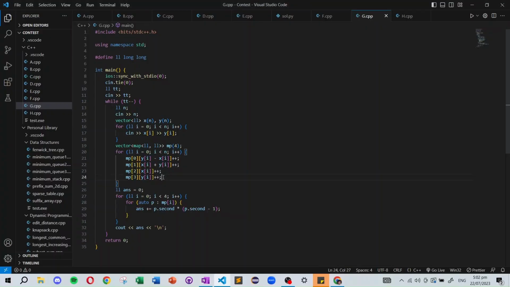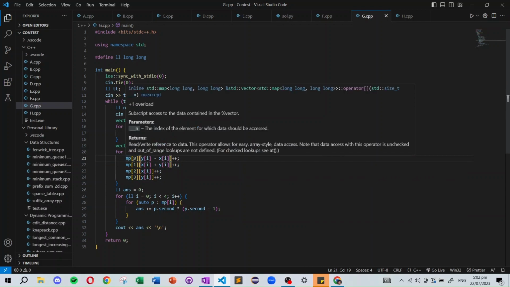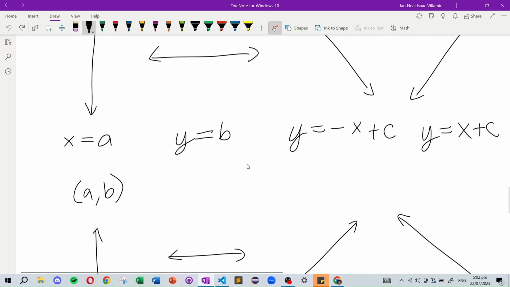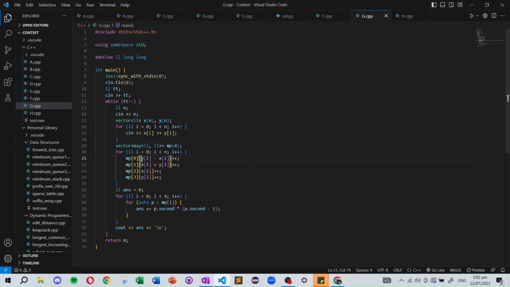You store that frequency, so you will increase the line that goes upward diagonally, such that the constant is yi minus xi, so you will increase that frequency. Now after we do that for all the points, we consider each specific line for each type, and we increase our answer by the frequency times the frequency minus 1.